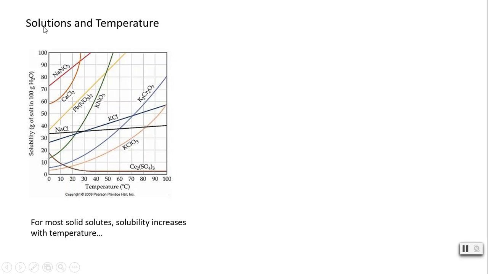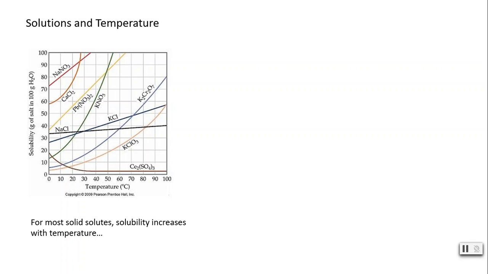When we talk about solutions, we tend to use the term solubility when talking about if something can dissolve in a liquid. In the solutions lab earlier in the course, you saw a graph similar to what you see on the left-hand side here. This graph shows you the solubility of particular solutes in an amount of water, which is the solvent.